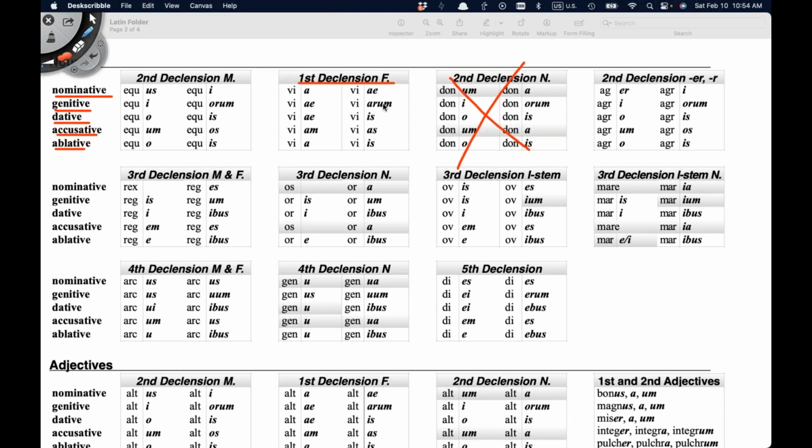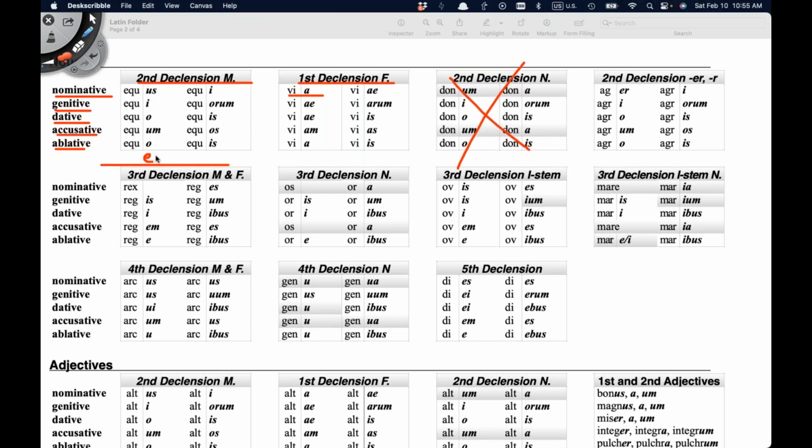For the feminine, the vocative is exactly the same as the nominative, so that's easy. Really, the only place where the vocative shows up and makes a change is in the second declension masculine, and in that case, the us becomes an e. So I didn't really feel like adding a whole new box down here just for one letter.